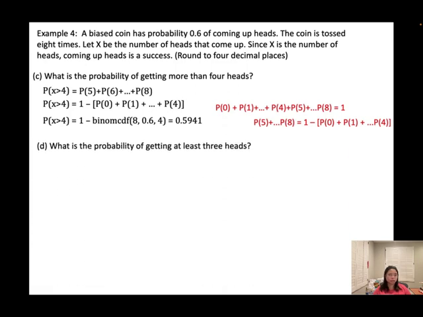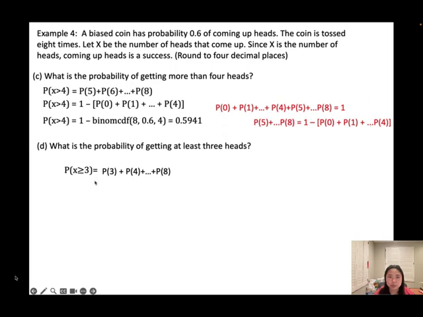Okay, last question. What is the probability of getting at least 3 heads? At least, so that will be x greater than or equal to 3. That means we are looking for P of 3, P of 4 until P of 8. I will use the same technique as part C here.